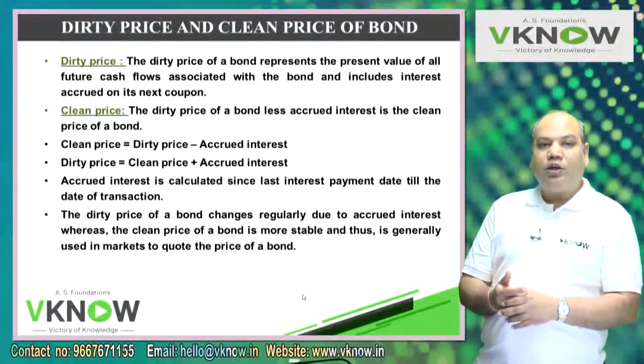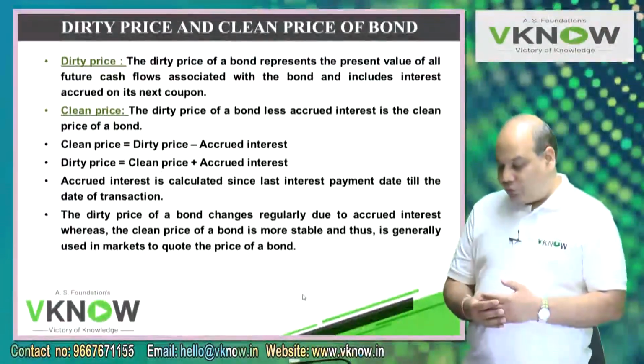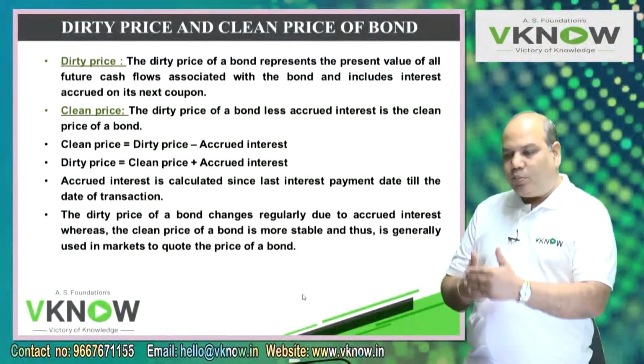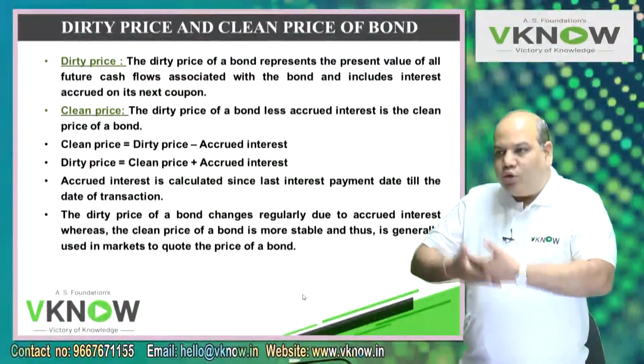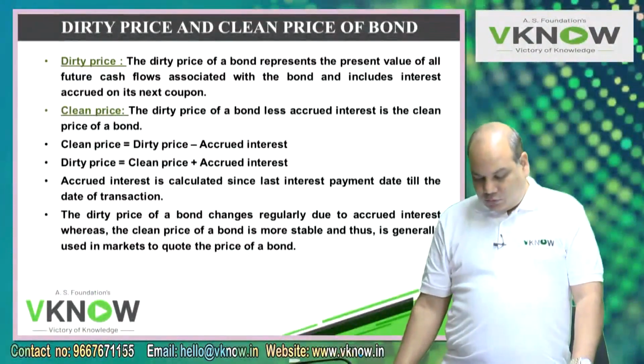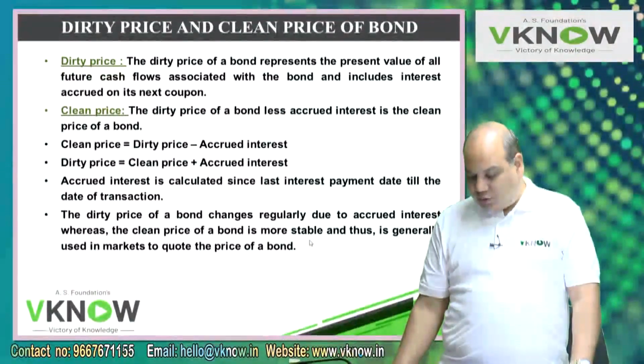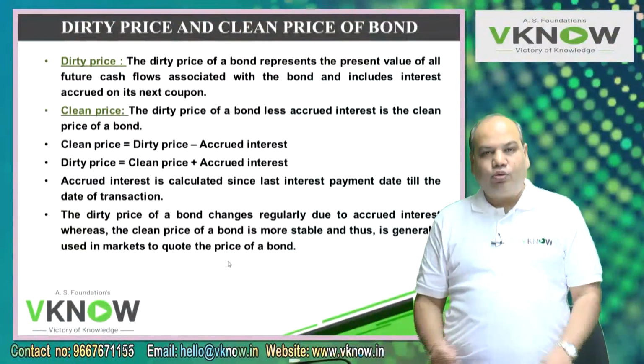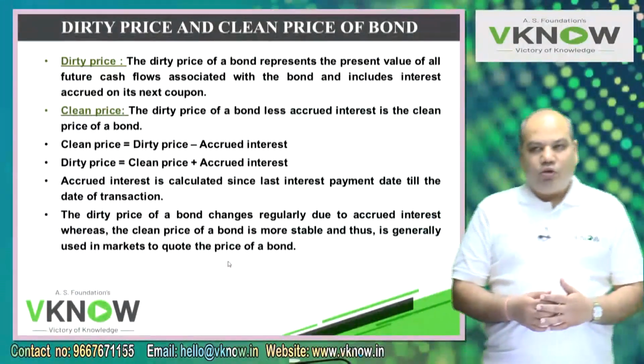So therefore the dirty price will keep changing every day because the interest will keep on getting accrued and you are going to include that in the price. Whereas the clean price is more stable and thus is generally used in the market to quote the price of the bond.